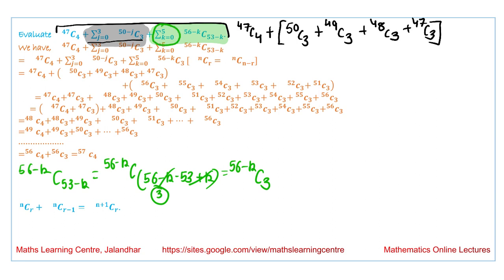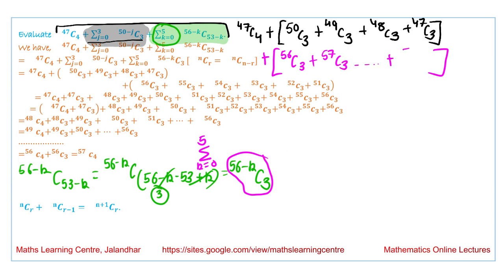So the terms of this second summation, (56 minus k)C3, with k varying from 0 to 5, give us 56C3, 57C3, and so on up to 51C3.